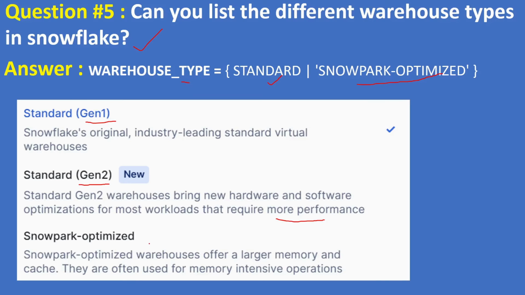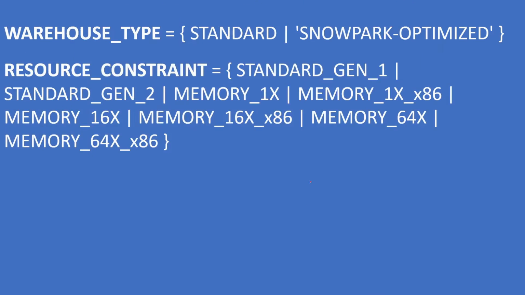These warehouses offer significantly larger memory and cache per server. They are specifically designed for memory-intensive operations, such as those performed by Snowpark workloads, machine learning, and certain data science tasks.